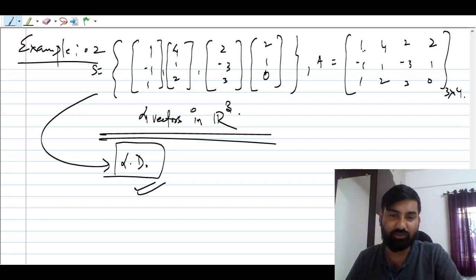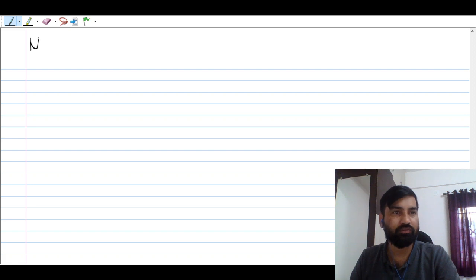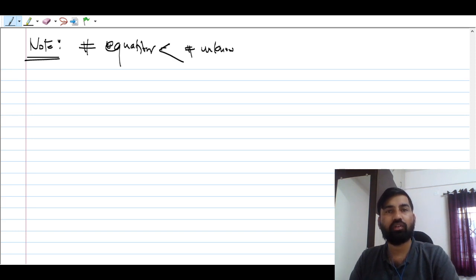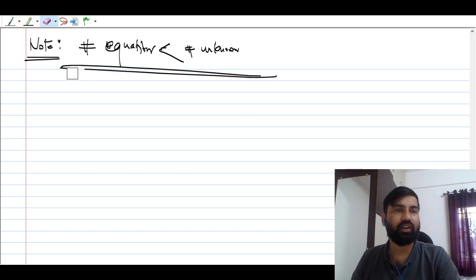समझ आया क्या? तो जब भी ये सिचुएशन रहेगी याद रखना, नोट number of unknown, number of equations, sorry, is less than number of unknown. Right? Number of equations are less than number of unknown. Right?